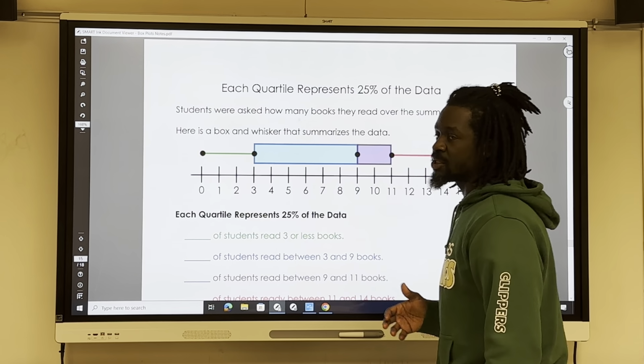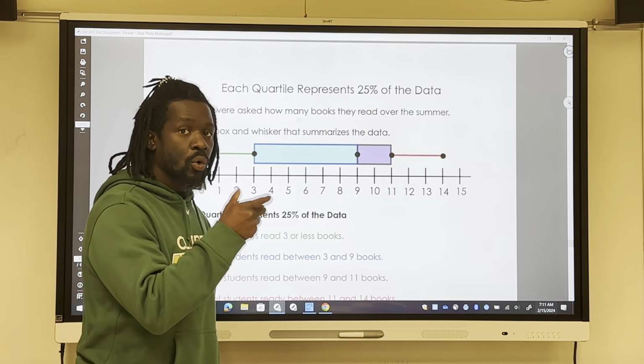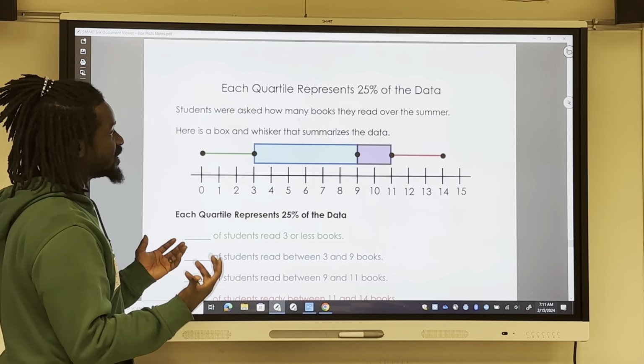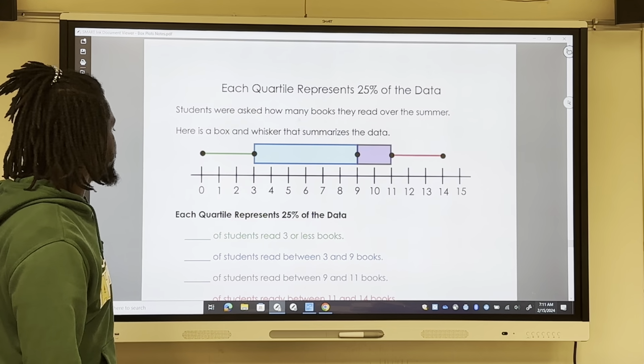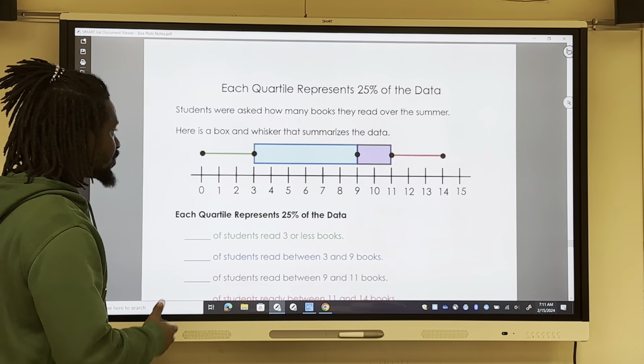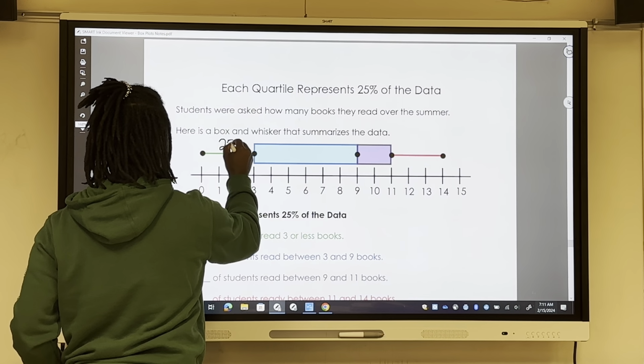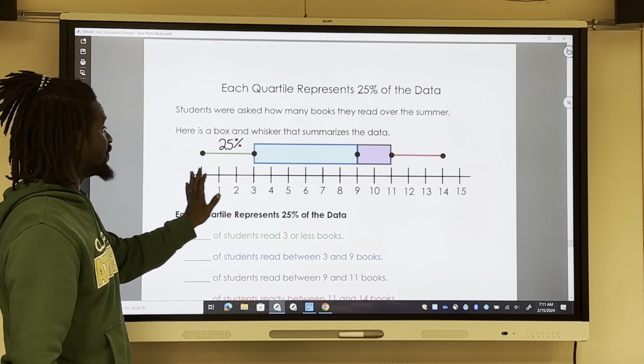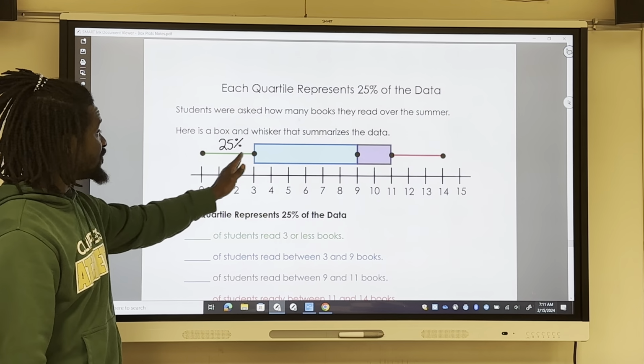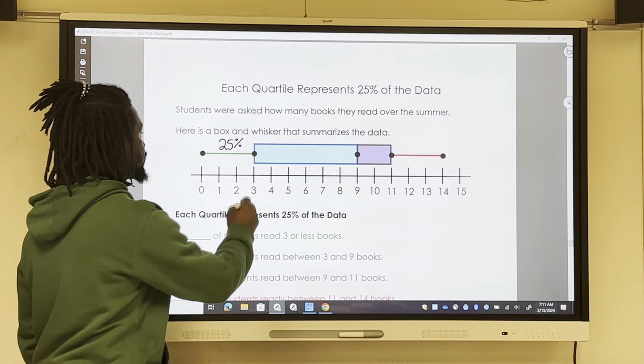Another thing you need to know is that each quartile represents 25% of the data. In other words, 25% of my data falls between the minimum value and the lower quartile.